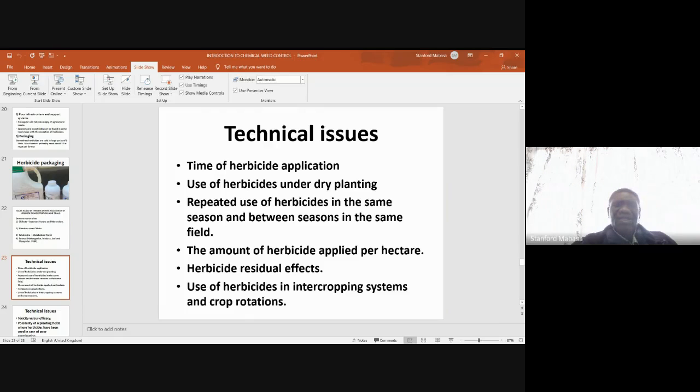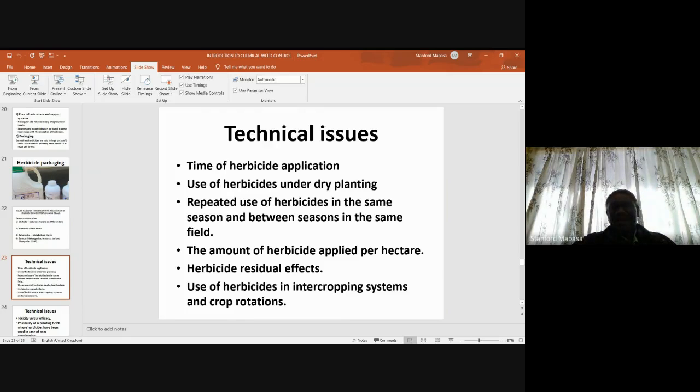And also the amounts of herbicides per hectare, this is something to do with calibration. They were also asking questions, after applying herbicides, are these chemicals not going to damage their crops? Then they were also doing intercropping. It appeared there were no suitable herbicides for intercropping systems.